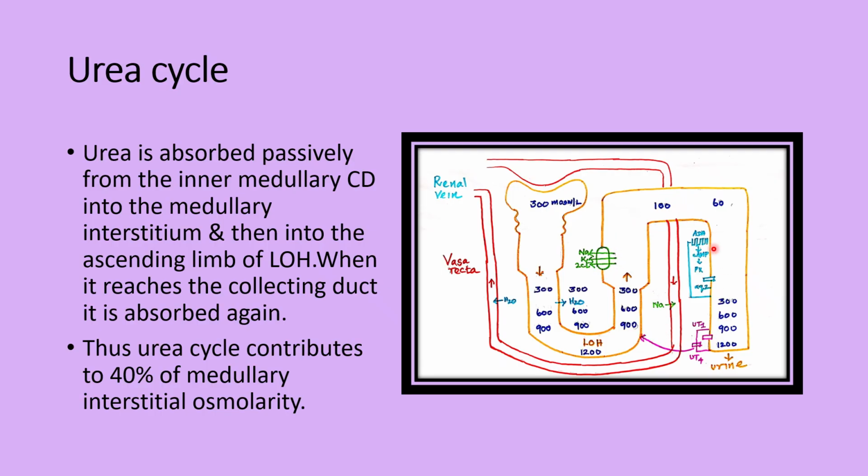This cycle repeats again and again, reabsorbed and entering the thick ascending limb of the loop of Henle. So it is recirculation. Urea cycling contributes to 40% of the medullary interstitial osmolarity.